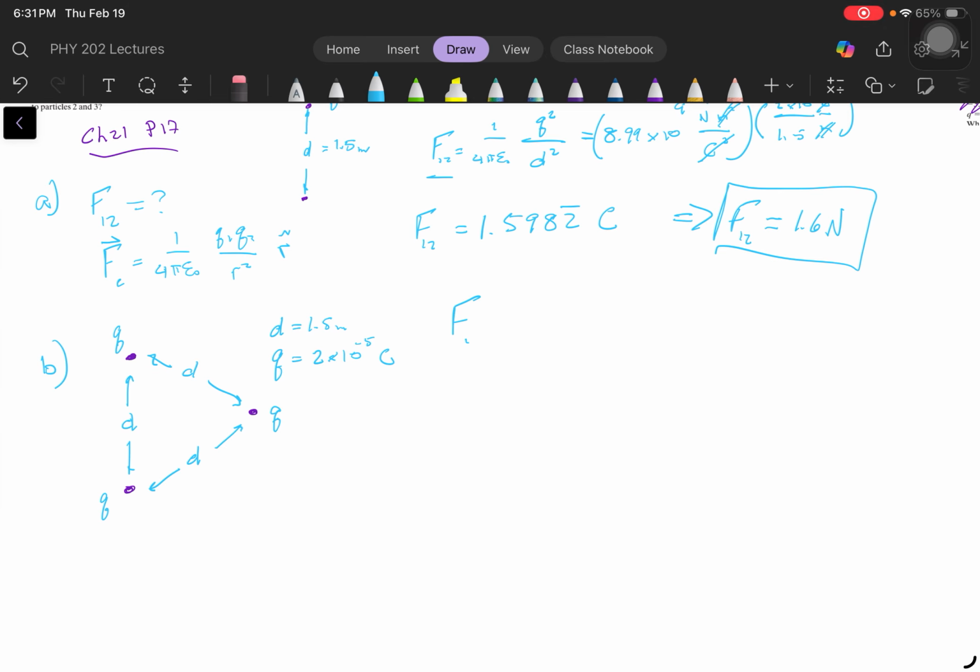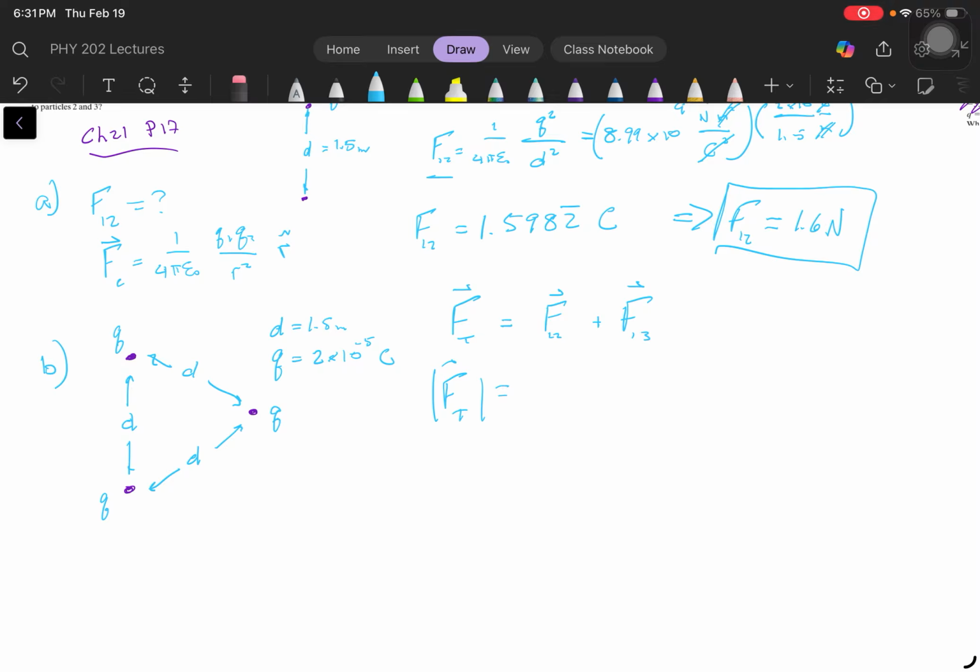That's going to be equal to the force on particle 1 from particle 2, plus the force on particle 1 from particle 3. And then since we want the magnitude, we can say F total, I guess, is equal to, I'll make that a T instead of a 1, I like F total better than F1.